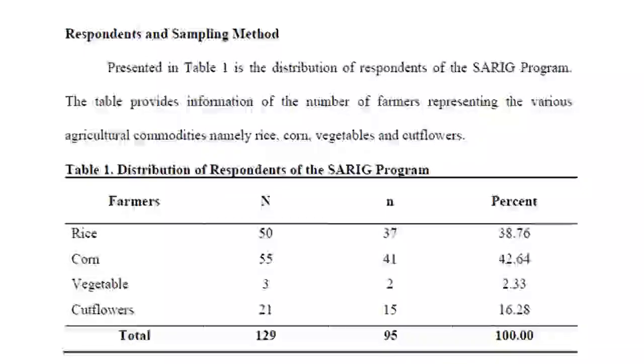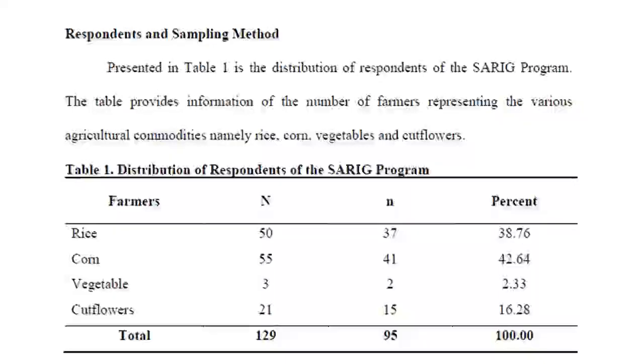So we have for rice 50, for corn 55, vegetable 3, and cut flowers 21. These are the number of farmers who availed of agricultural loans in kind during that span of time. When you say in kind, these are in the form of fertilizer, pesticides, seeds, and others. So it's not in the form of cash.